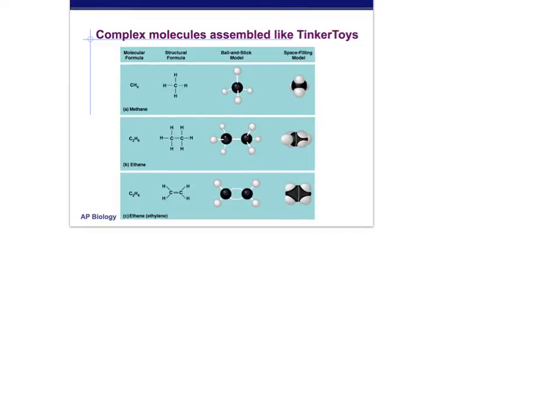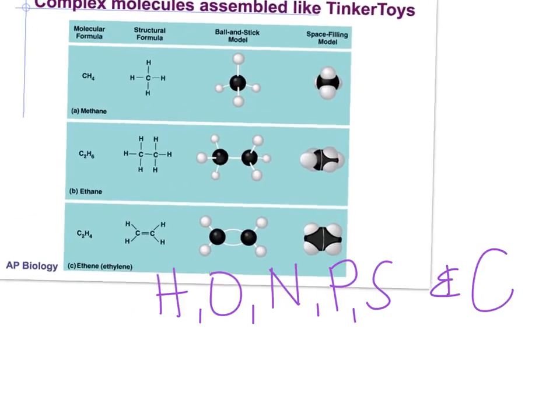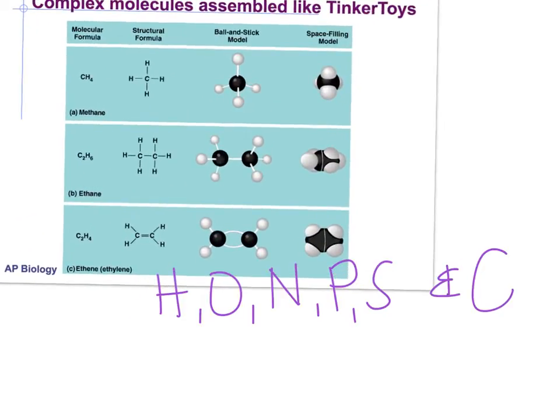Carbon's most readily going to bond with H, O, N, P, S, and of course, itself. Those are the ones that it likes to bond with the most. If you look at these things, you notice that the carbon here can form single bonds right there, or it can form double bonds like right there.